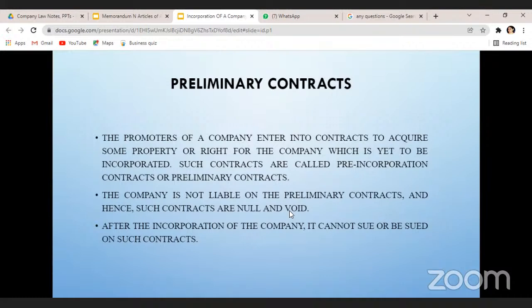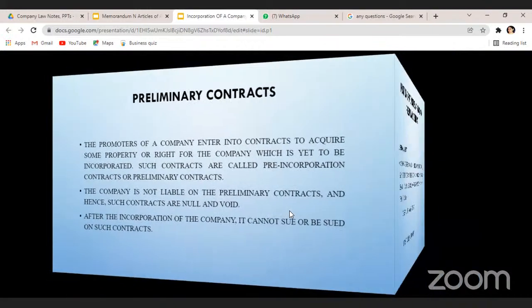After incorporation, whoever is under these preliminary contracts cannot sue the company, because these preliminary contracts are those contracts which are entered into before the incorporation. So for those contracts, the company is not liable. Any liability arises for the company only after incorporation, right?